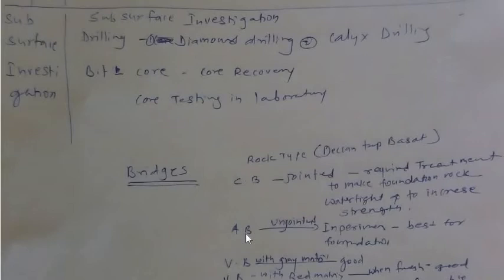Now, as far as the preliminary geological investigation for bridges, again the same procedure. You have to follow the same procedure. Literature review of that particular area. Then you will get information about the rock system on which you are going to construct the bridge. Then topo sheet, valley, hill.